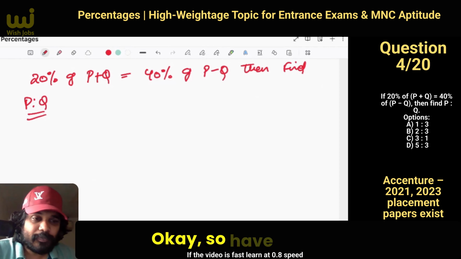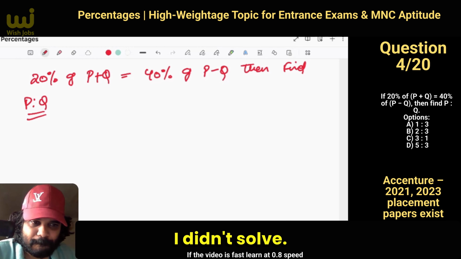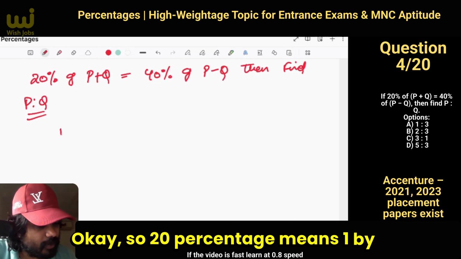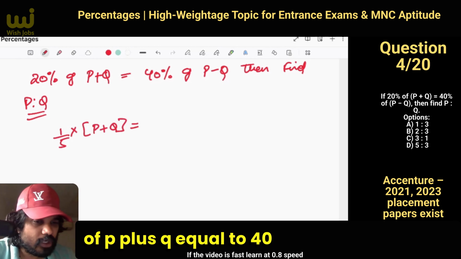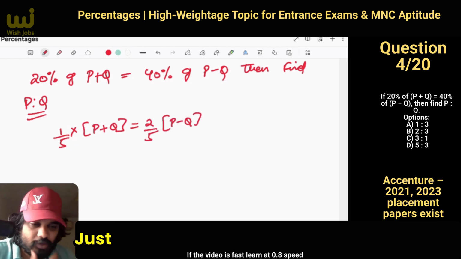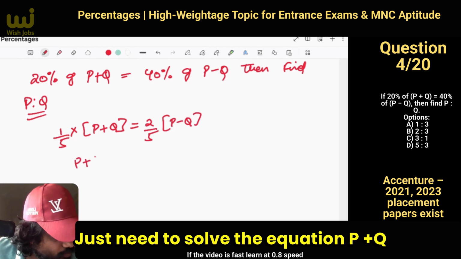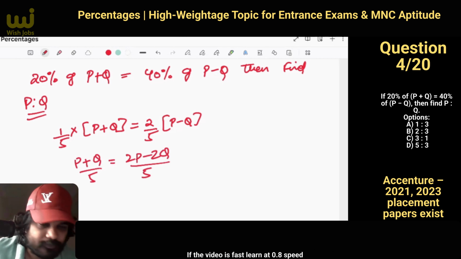Okay, so have you solved this, or should I explain? I didn't solve. Okay, so 20% means 1 by 5 of P plus Q equal to 40% means 2 by 5 of P minus Q. Just need to solve the equation. P plus Q by 5 equal to 2P minus 2Q by 5.